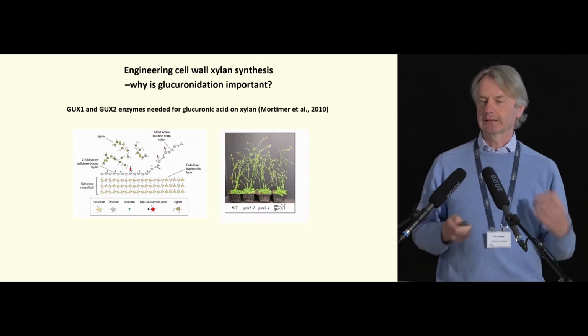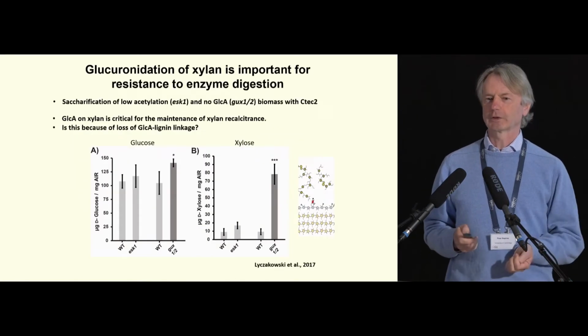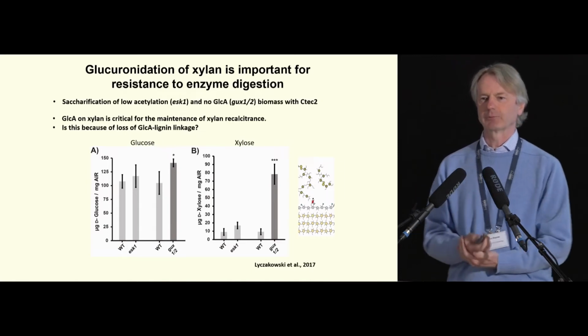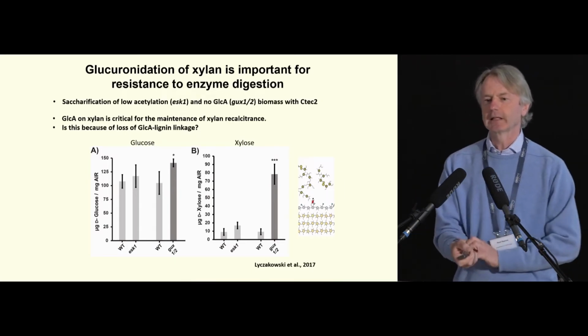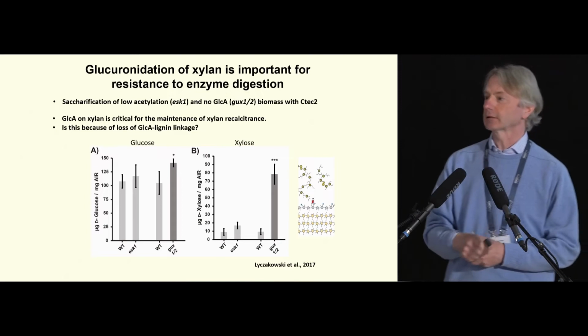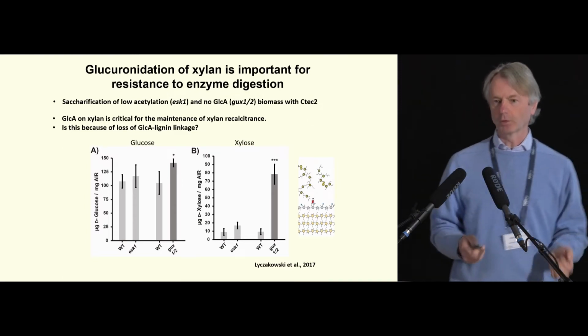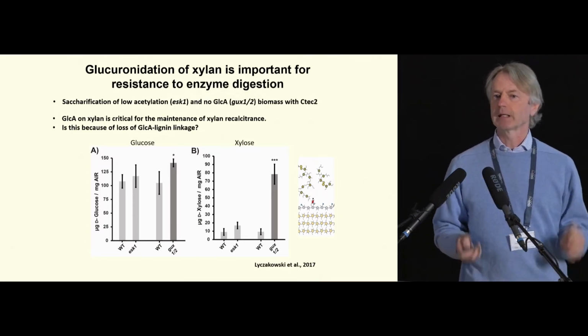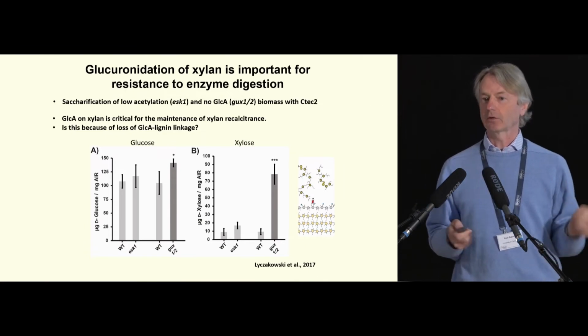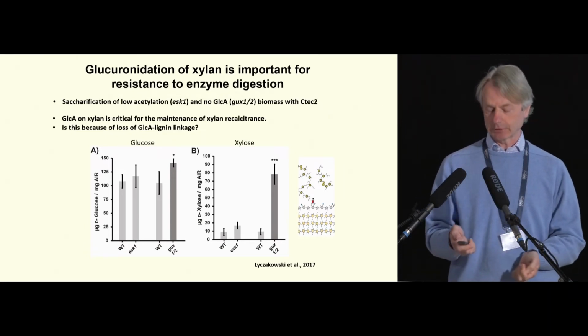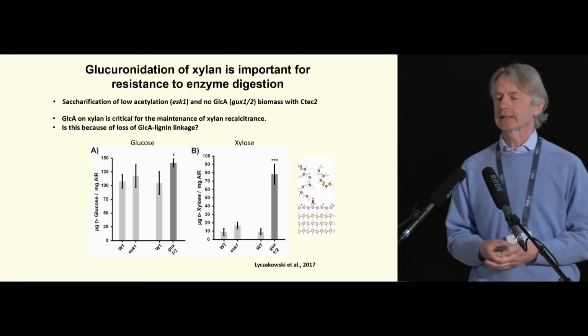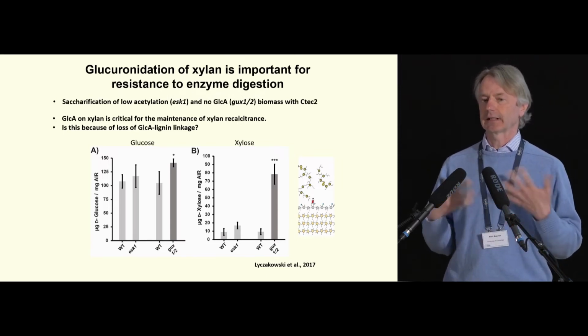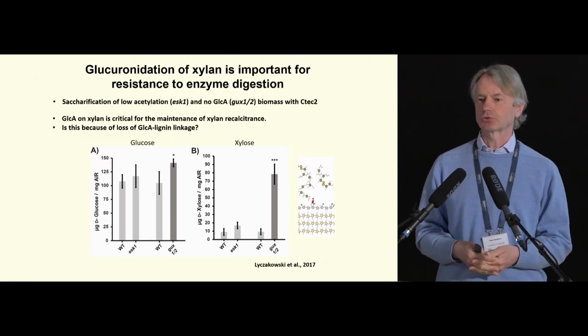After many years of trying to find out what happens in this case with no glucuronic acid, we do find some very interesting subtle differences in the cell wall. One of the most remarkable is its resistance, or lack of resistance, to enzymatic digestion. In this case, we take the secondary cell walls, the stems, the straw if you like.